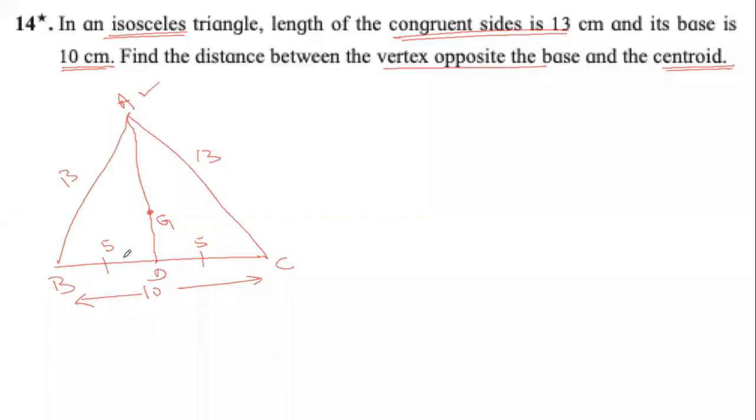We should also know that centroid divides the median in the ratio 2:1. What is 2? What is 1? AG is to GD is 2:1.